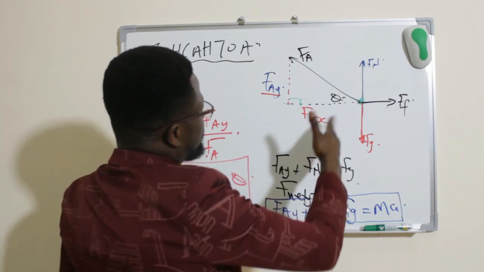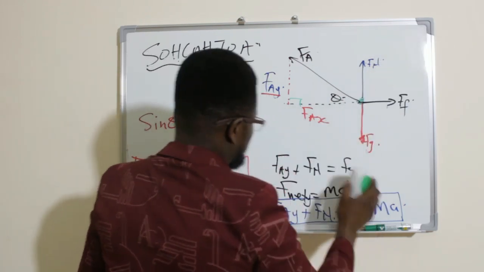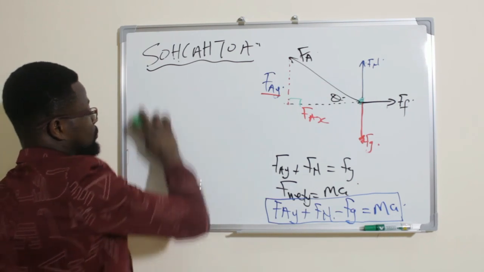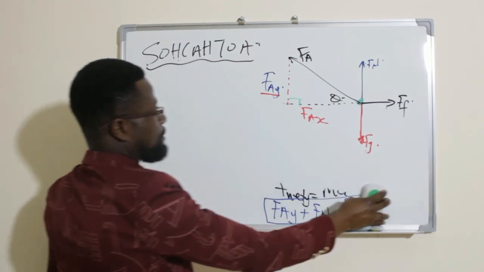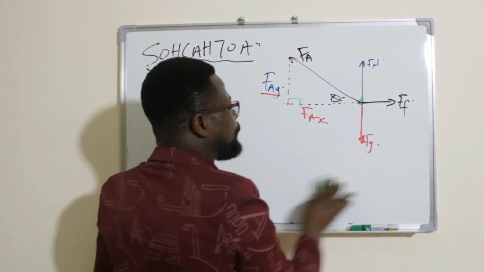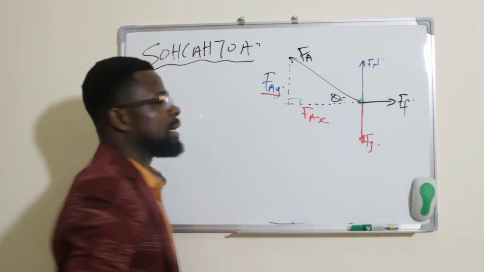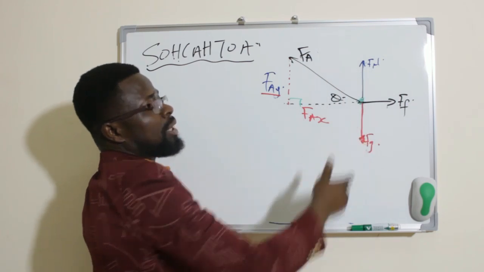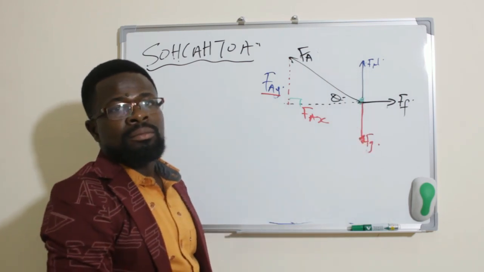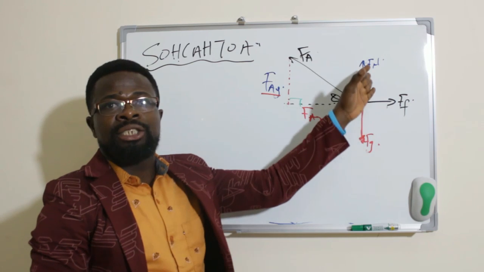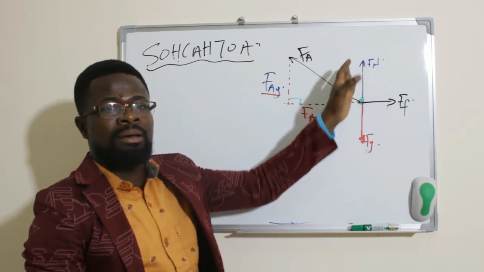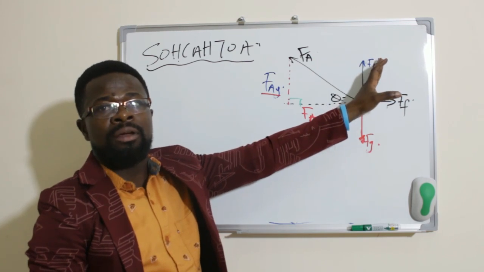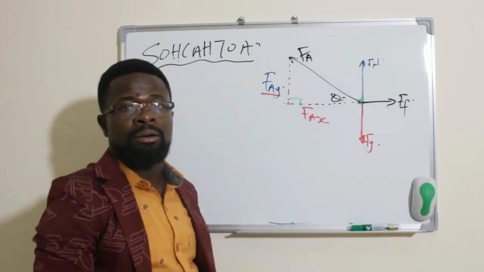Let's look at the horizontal forces. On the horizontal forces, we can see from this point that the normal force and the weight are not working because they are equal in magnitude, so they are going to cancel themselves, because if this is positive, this is negative. If this is negative, this is positive, and they're going to cancel out.